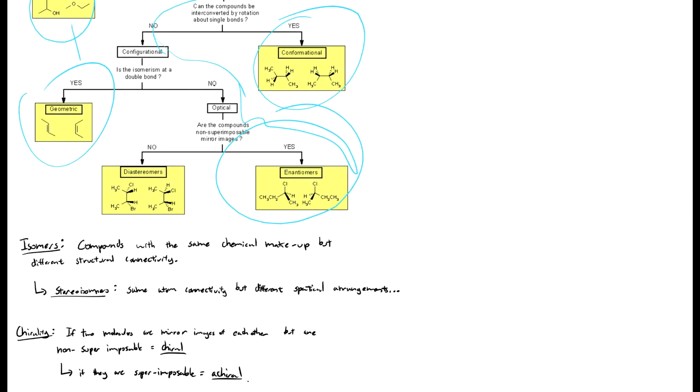So again, isomers have the same chemical makeup but different structural connectivity, so basically they're different structures. Stereoisomers are connected to the same atoms, but can have different spatial arrangements.